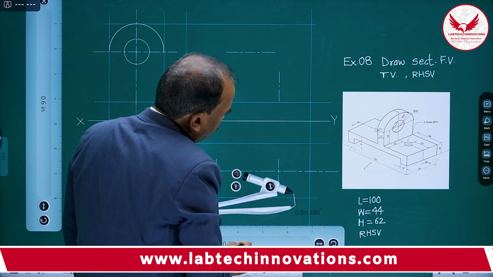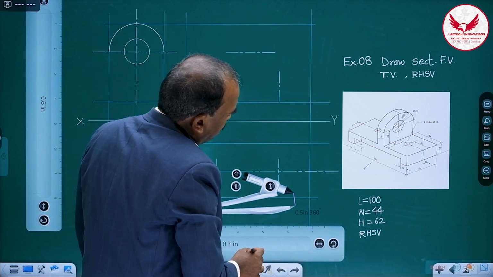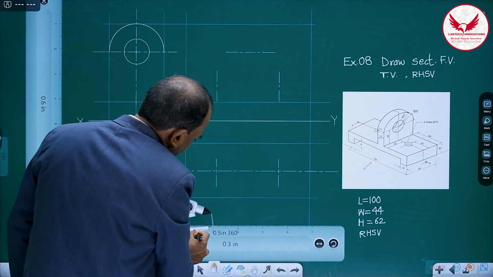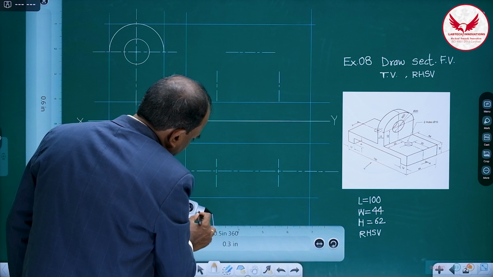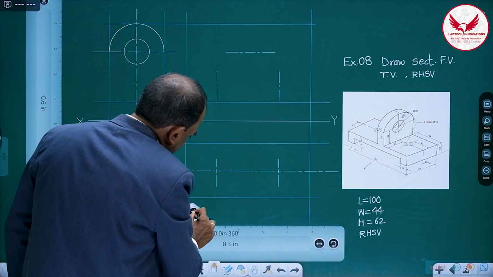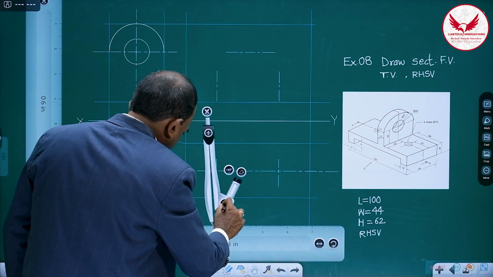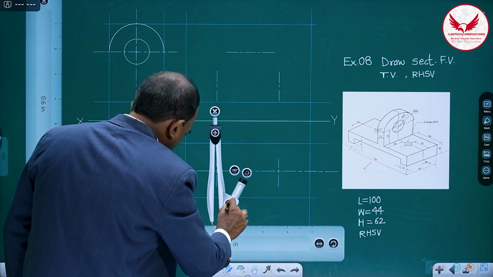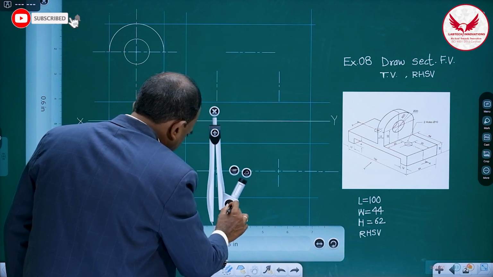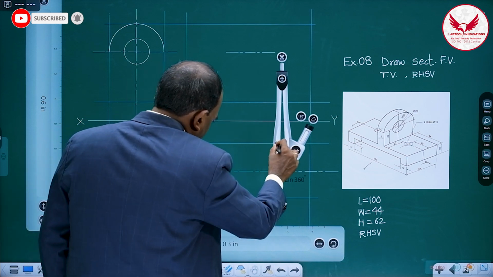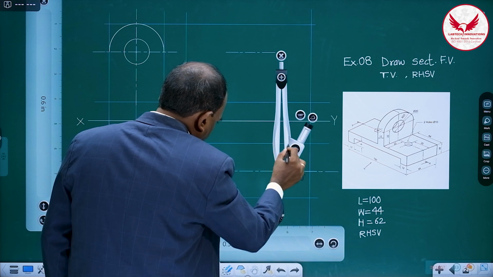Then in the top view, what is its size? 2 holes of phi 10. Phi 10 means a very small circle, so its radius is going to be 5 mm. Drawing small circles is a little bit difficult with the help of a compass.